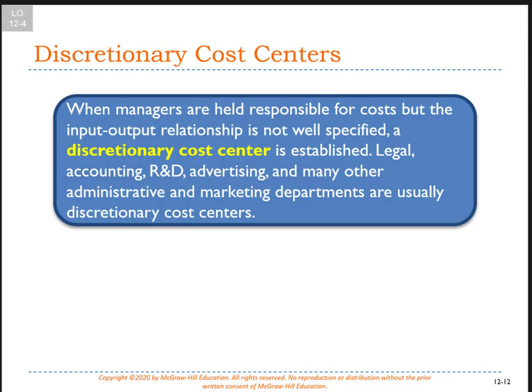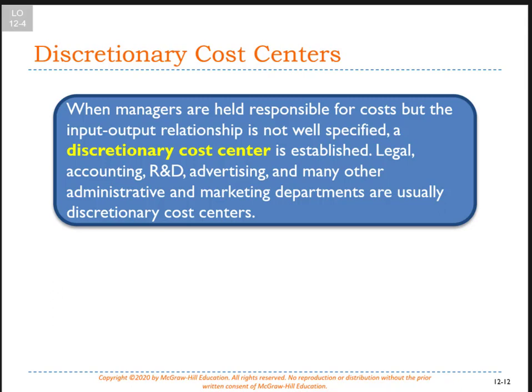I mean, pieces of paper flowing through the office, or how many data bytes of information, would be very difficult. But we do want them to be able to accomplish certain things at a reasonable budget cost. It's usually referred to as discretionary because they're not driven by production.